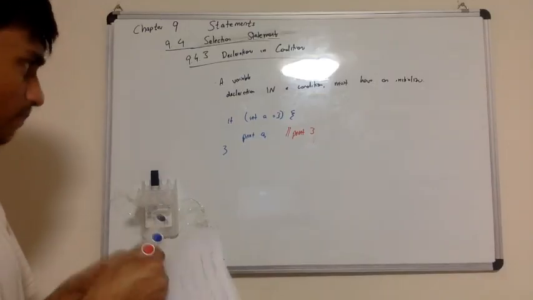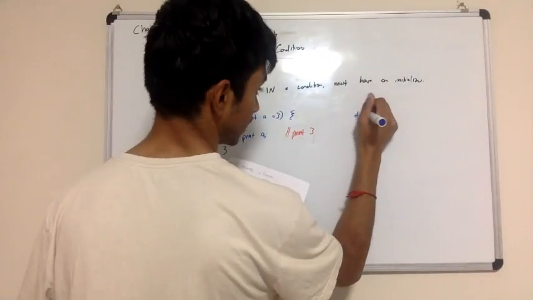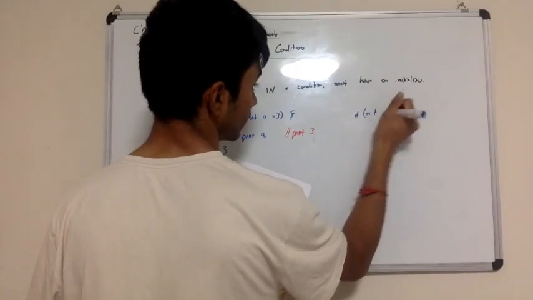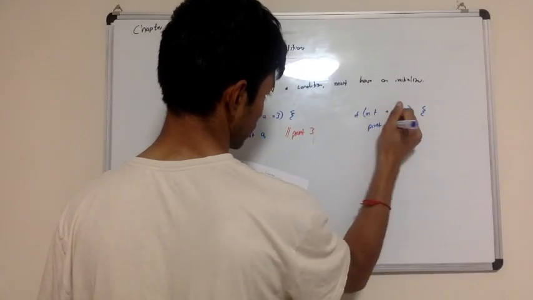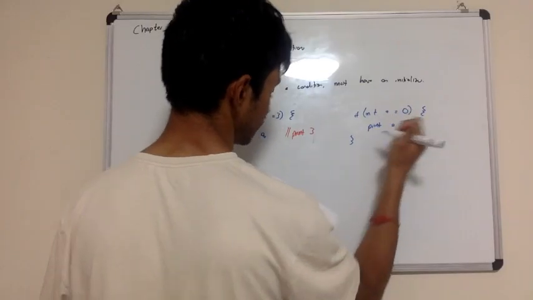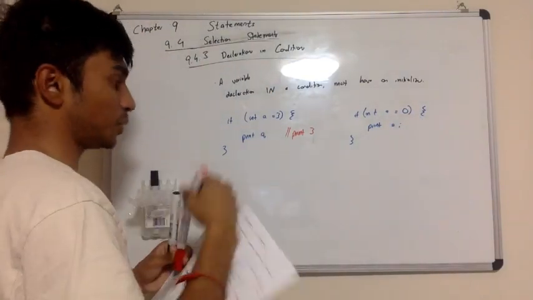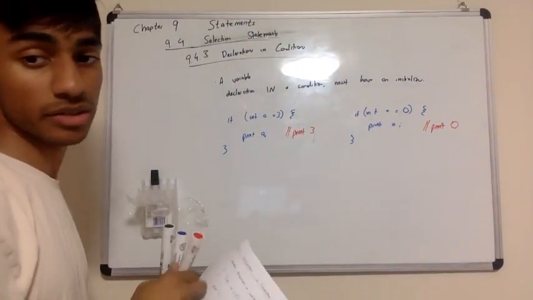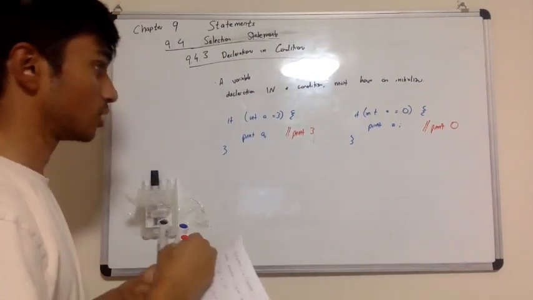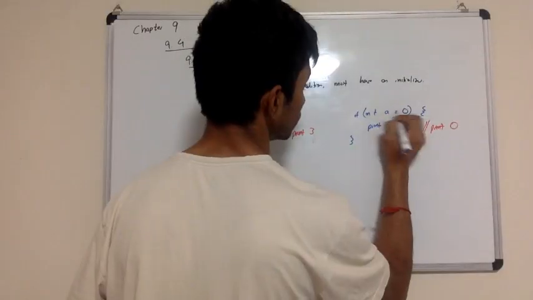Just to clarify the other way, if int a equals 0, print a, right? If this print statement were to happen, we would expect it to print 0, because we assigned the value of 0 to a.